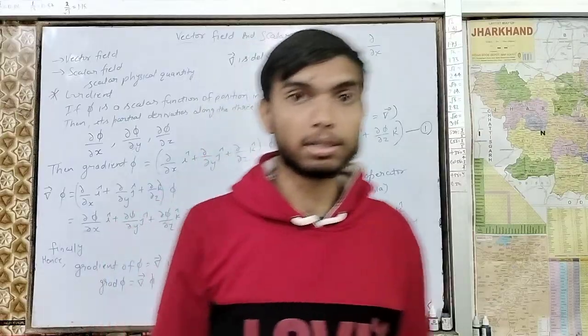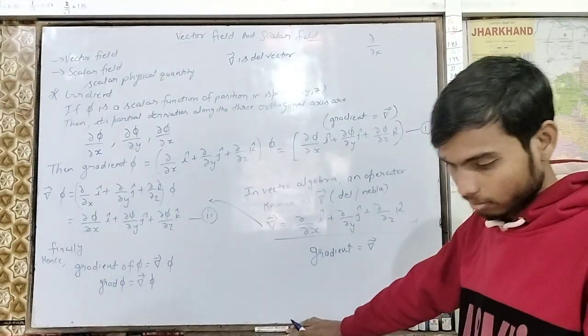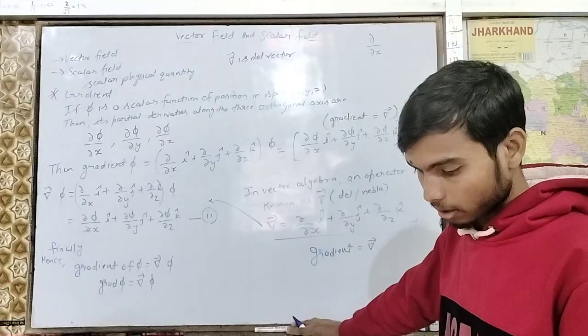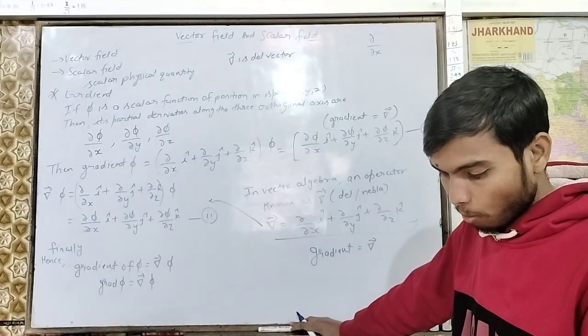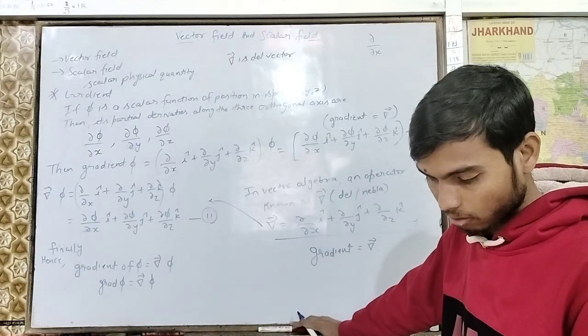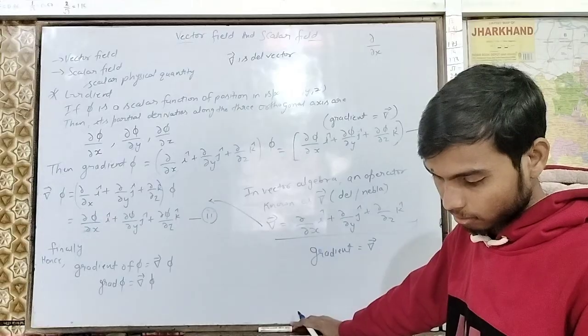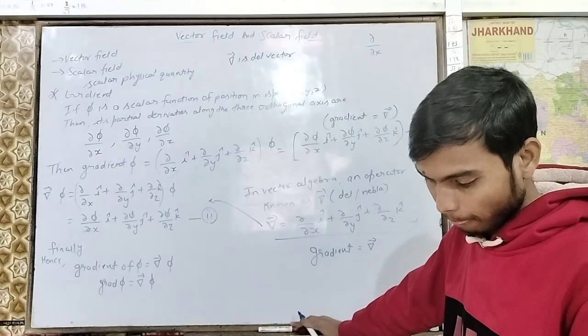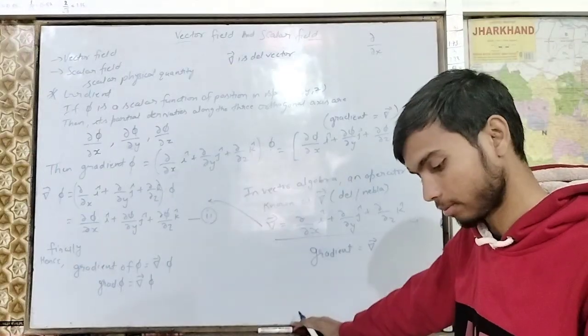This is a del operator vector, you can say, a vector operator. When operated with a scalar, it converts a scalar physical quantity to a vector physical quantity. It is known as the gradient of the scalar point function phi.